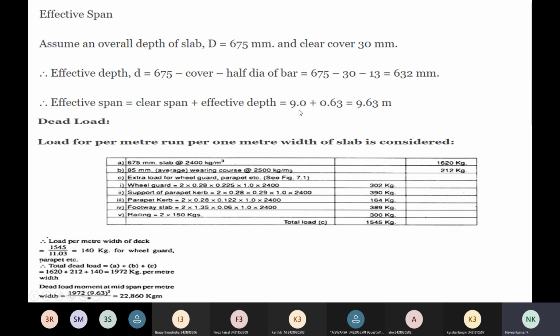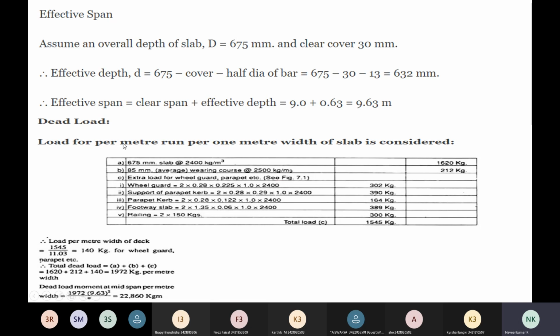Then adding the clear span, 9 meters plus 0.63 meters, you get the effective span as 9.63 meters. So first of all, you assume the overall depth, and from the assumed overall depth you calculate the effective depth as well as the effective span. So this part is over.